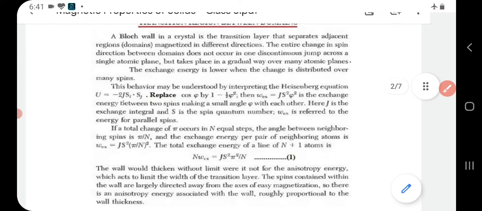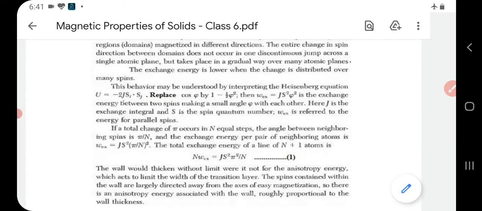The entire change in spin direction between domains does not occur in one discontinuous jump across a single atomic plane, but takes place in a gradual way over many atomic planes. The meaning is this: domains have different spin directions.